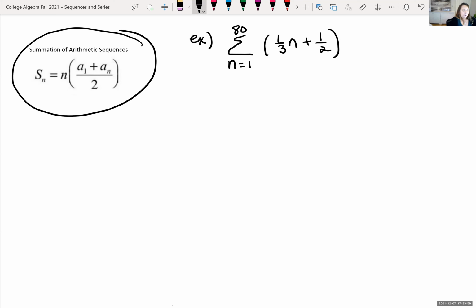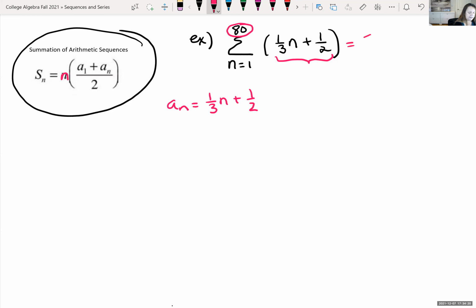Okay, so we need to figure out certain things for this. This is what an is. So we know what an is. We need to know what we're summing to. We're summing to 80. So we know our n value in here is 80.